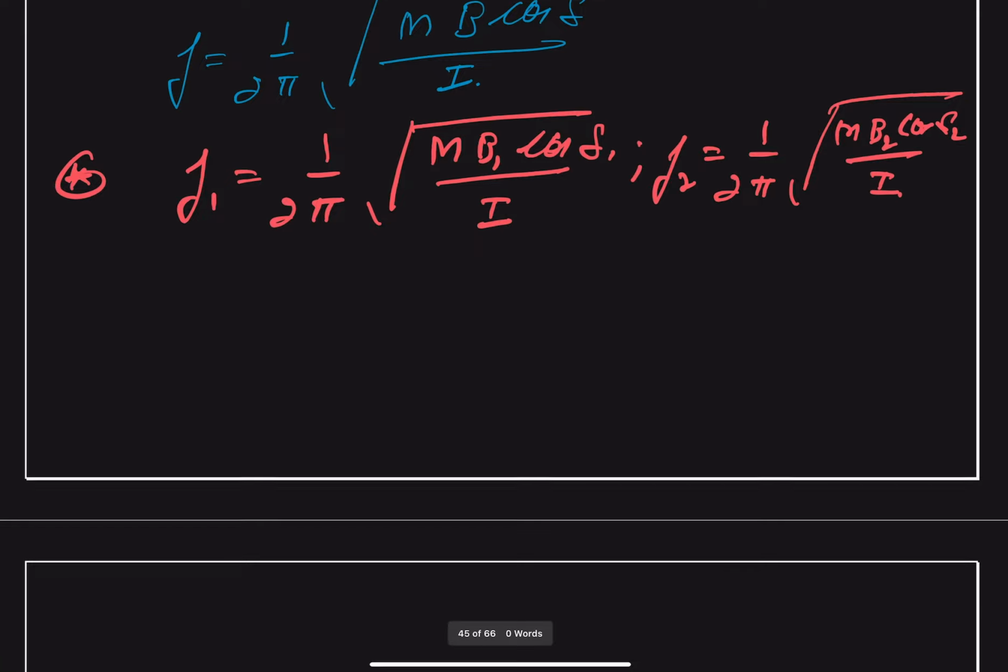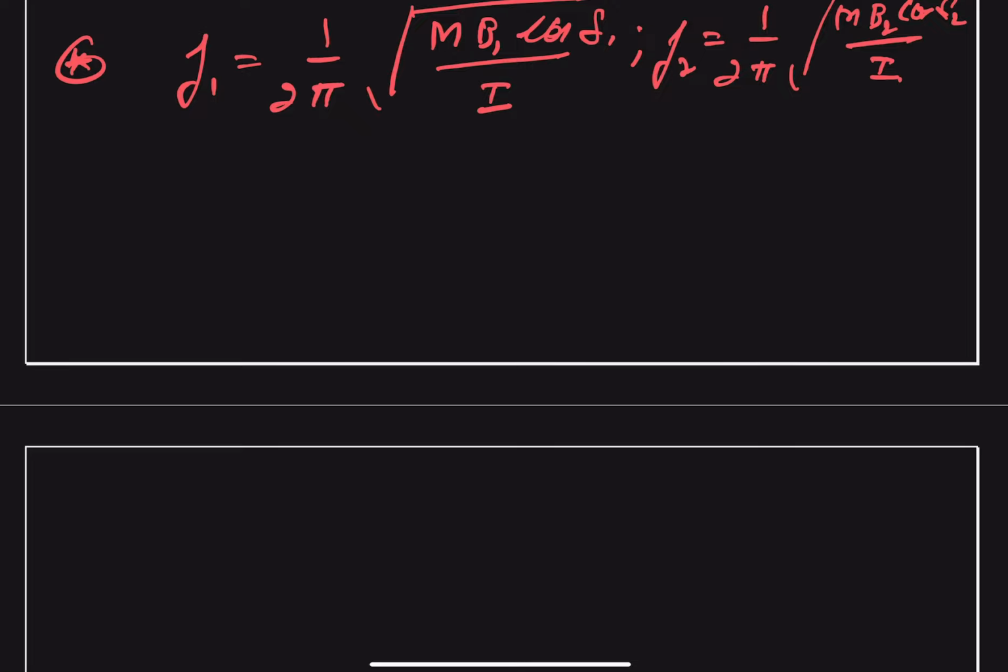And we can simply find out their ratio. You can see F1 upon F2 will be equal to, let us square this side, much more easier. So we get this as B1 cos of delta 1 divided by B2 cos of delta 2.